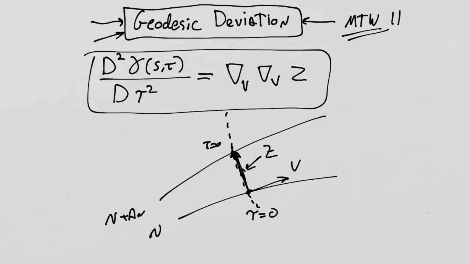And this curve here is gamma of, I guess we went with s and t, so it'd be n plus delta n, tau, and this is gamma mu of n, tau, right? And so this expression here is how this guy actually accelerates as you consider movement down the fiducial geodesic, which is called n in this exposition.